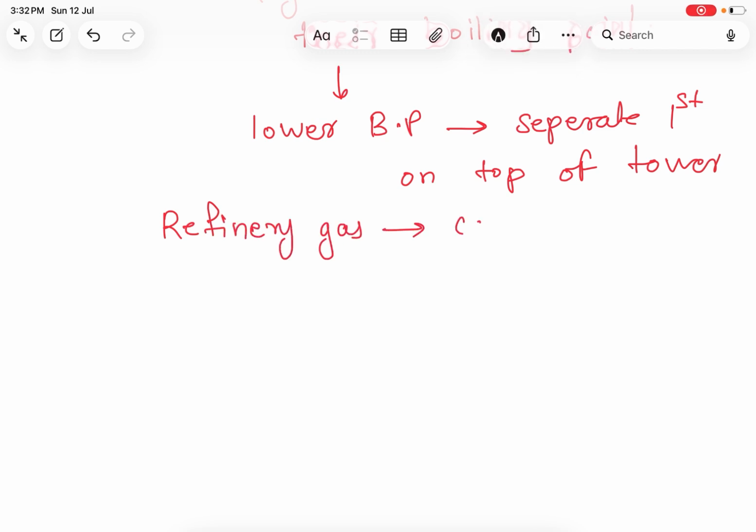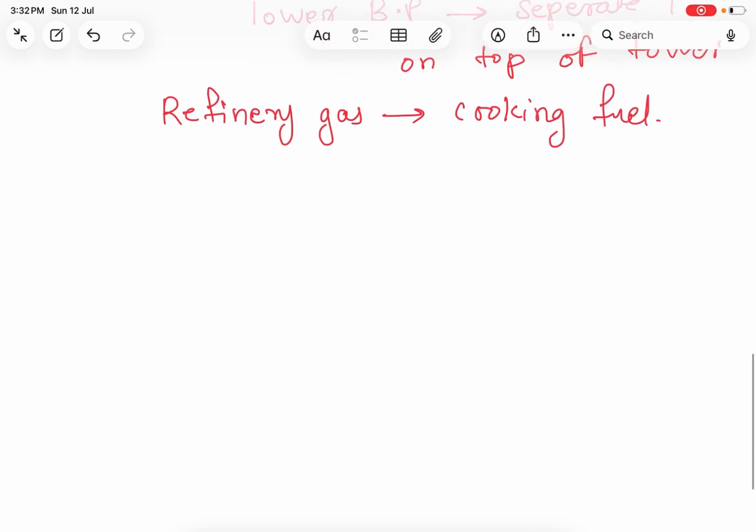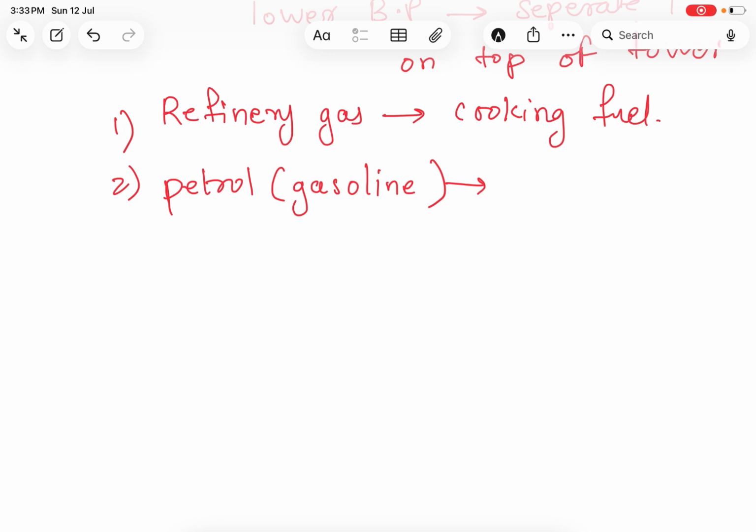Refinery gases are used as cooking fuel. The cylinders that we use at home for cooking are nothing but refinery gas. Then next we have petrol, also known as gasoline, which is used as fuel in cars and other vehicles, scooters and all.